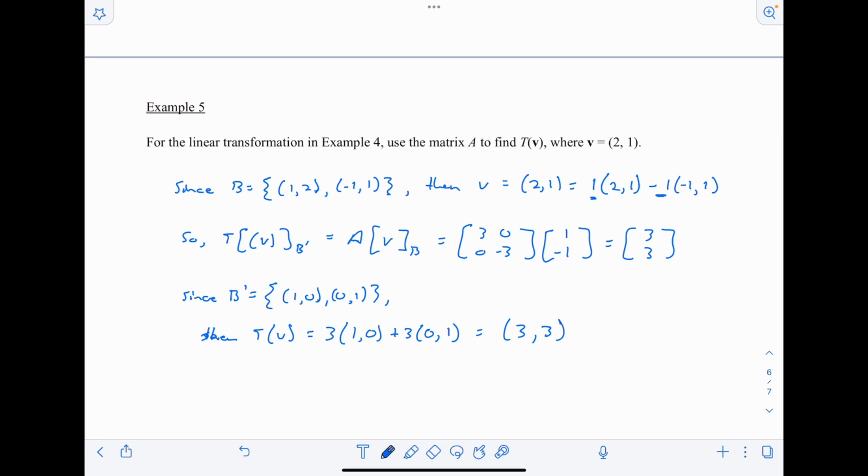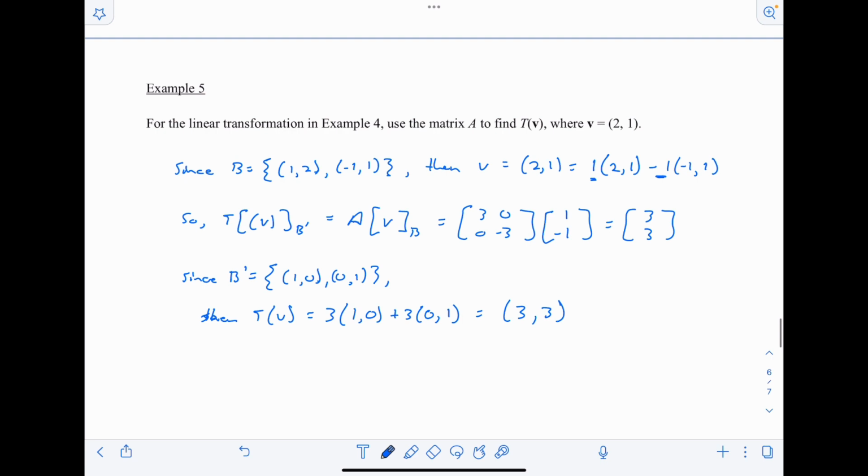Okay? So that is our answer. That is T of V, right? Find T of V. That is our solution.